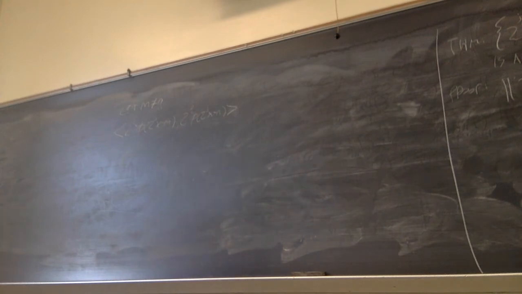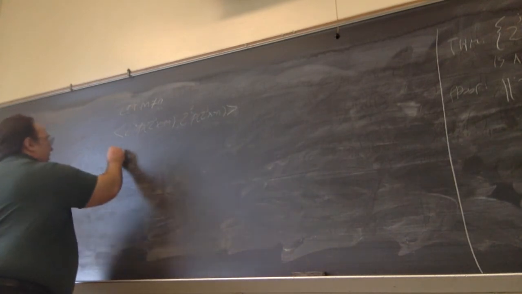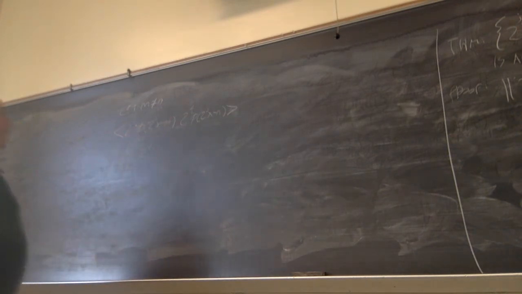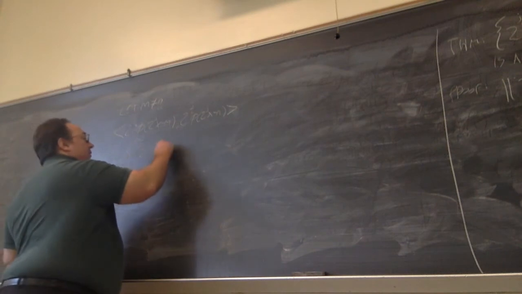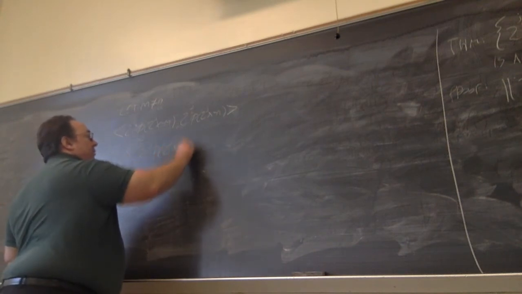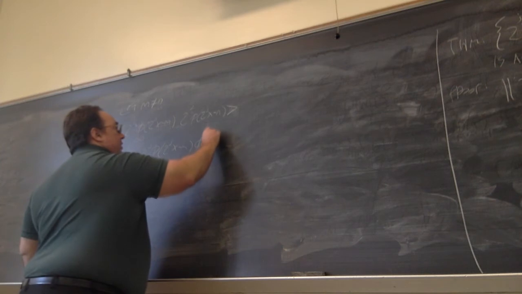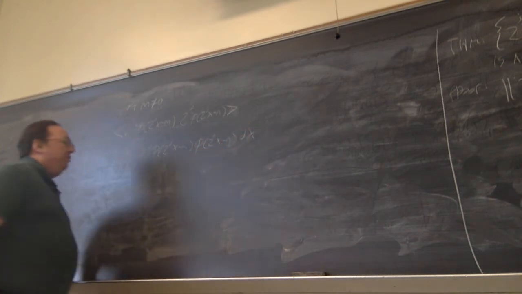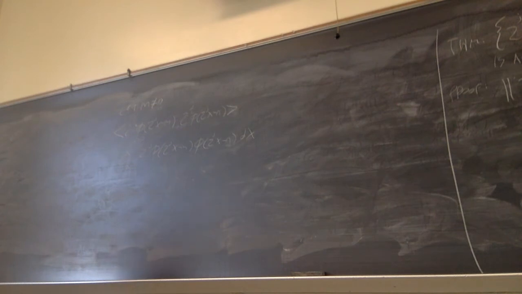So now I'm going to integrate the product of these from minus infinity to infinity. So you get 2 to the j for multiplying those together. Phi of 2 to the j x minus m, phi of 2 to the j x minus n. And I do the same change of variable as before, at least the first one.